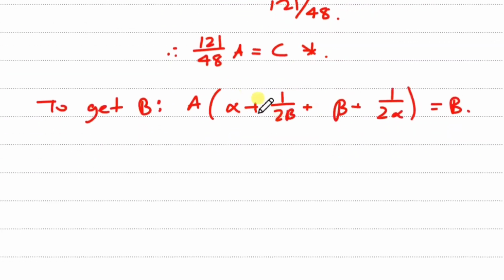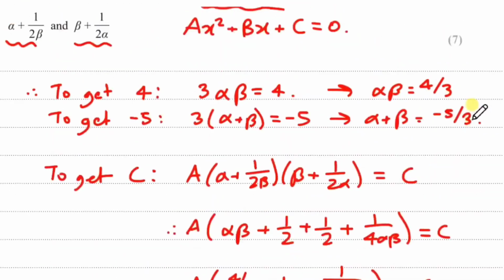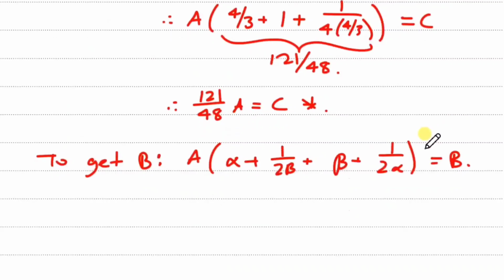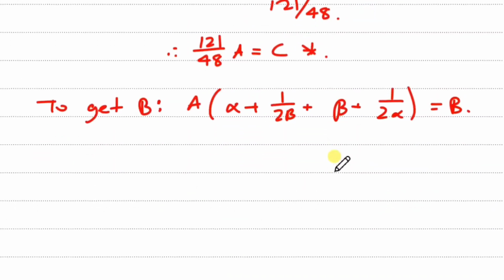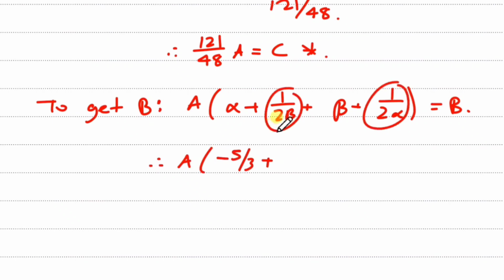Now, what we could do, we can just rearrange this order, yeah? Because we know from the solutions that alpha plus beta is minus 5 over 3, so we've got a bracket minus 5 over 3 plus. Now, for these two terms, what we can do, we can just combine them and make sure they have common denominators, yeah? So one has beta, one has alpha.